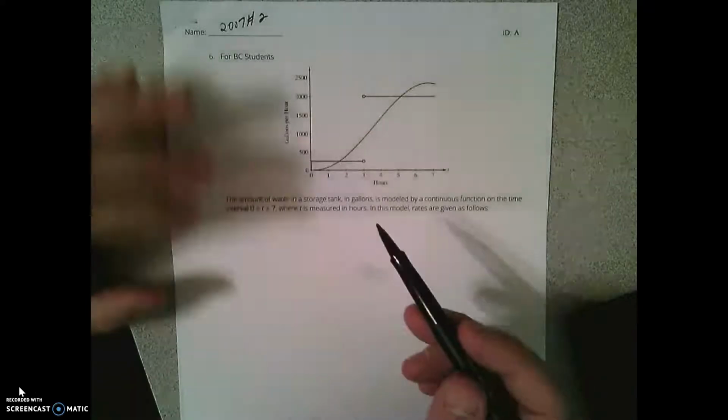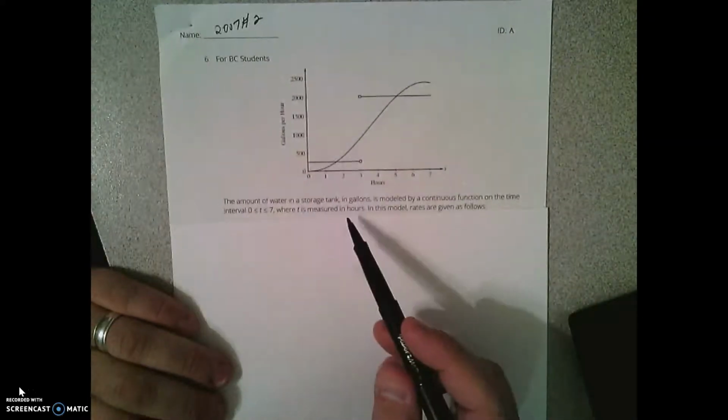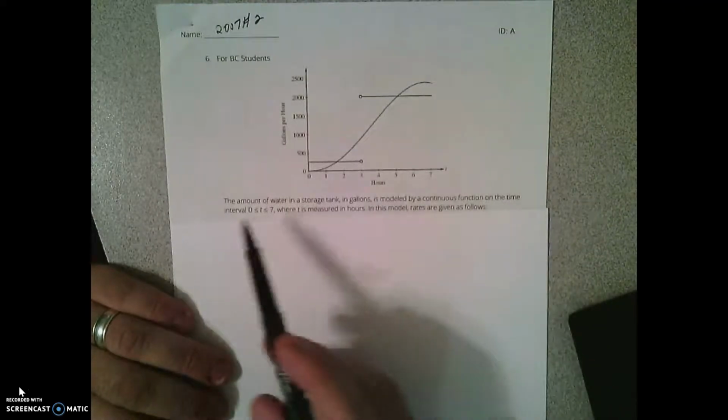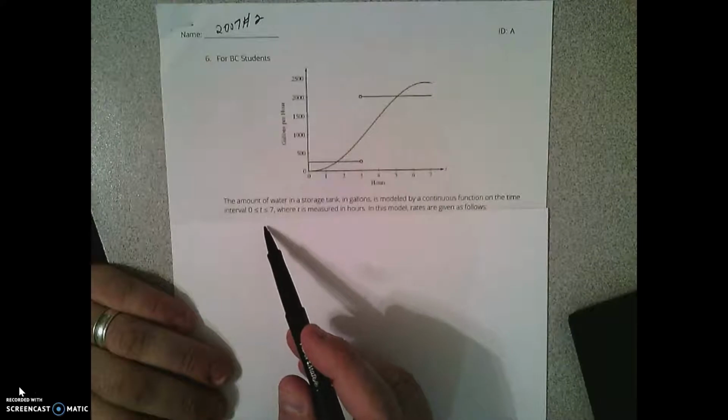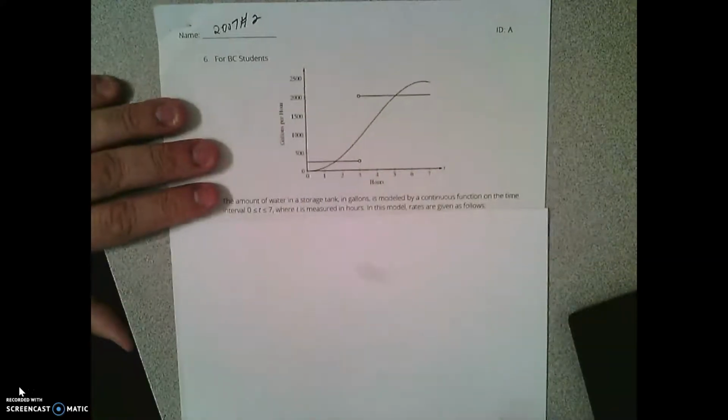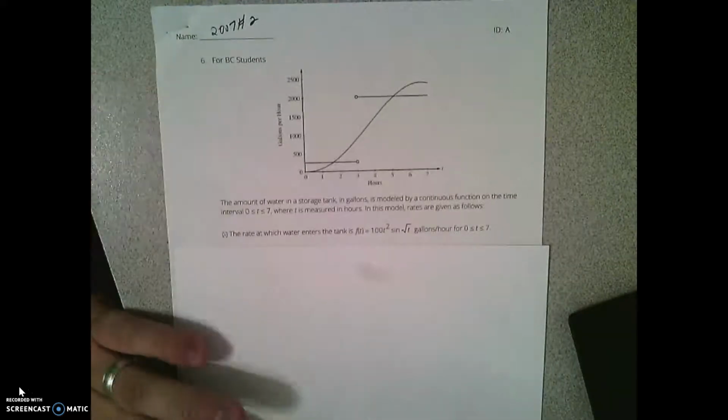The amount of water in a storage tank, measured in gallons, is modeled by a continuous function on the time interval 0 ≤ t ≤ 7, where t is measured in hours. In this model, rates are given as follows.